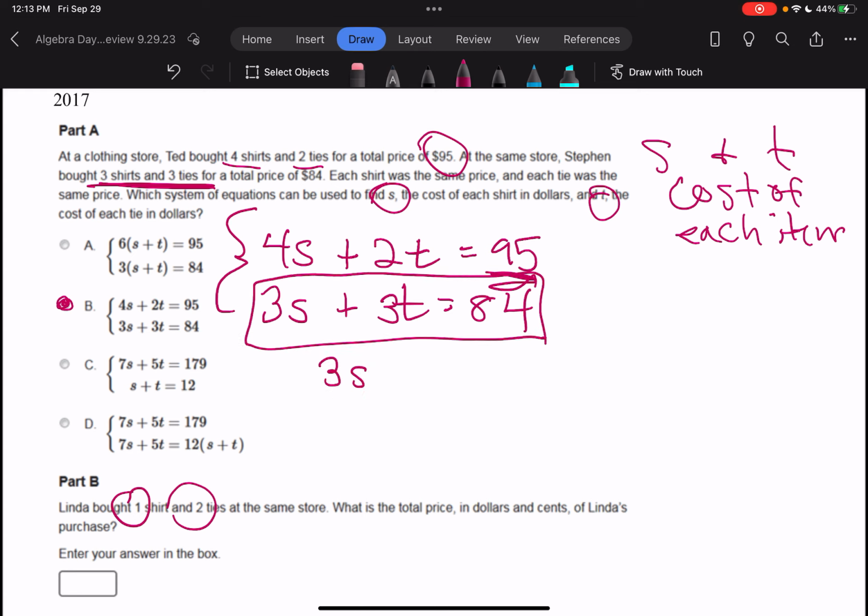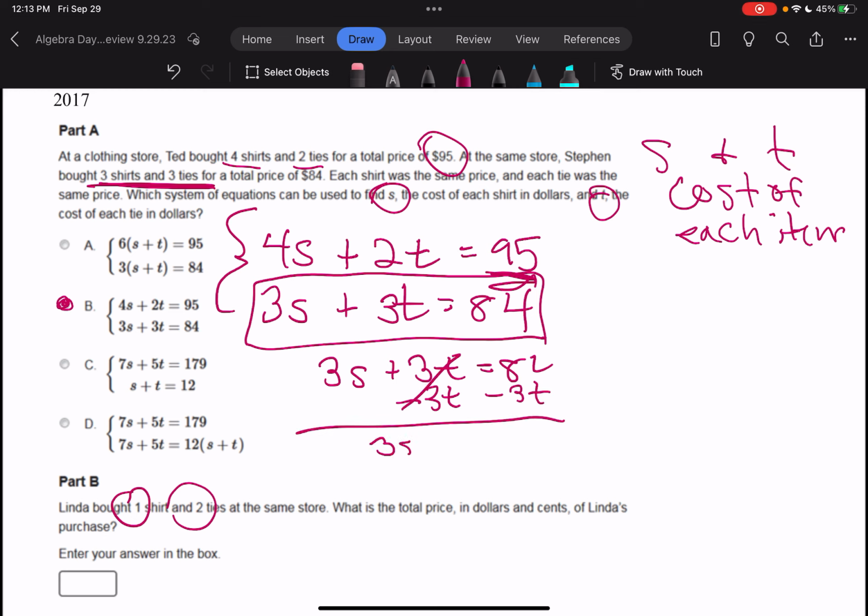So 3S plus 3T equals 84, and I want to solve for just one variable first. So let's say I'm going to solve for S first. So I'm going to do 3S equals negative 3T plus 84. And sorry, I just skipped a step and I told you not to do that, so let me go back and show you why I did that. I'm going to subtract 3T from both sides.